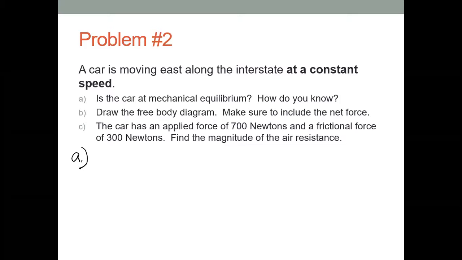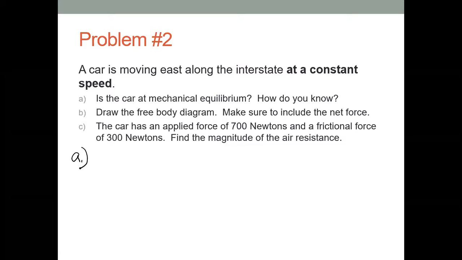Well, let me go back for a second to the first law. You guys remember the first law tells us what happens when there's no net force. It tells us what happens unless there's a net force acting on it. And there's two things that can happen without a net force. One of them is being at rest. What's the other thing that you can do with no net force?